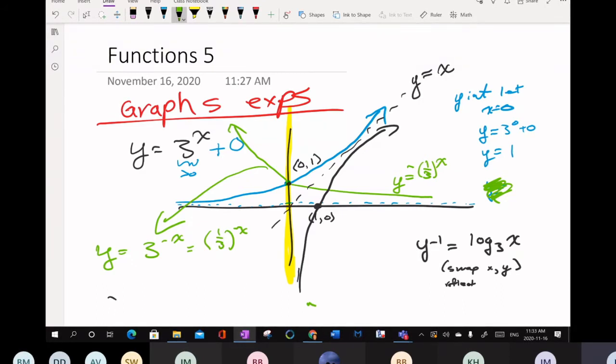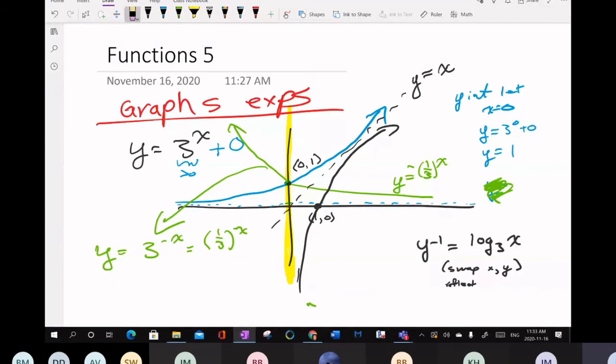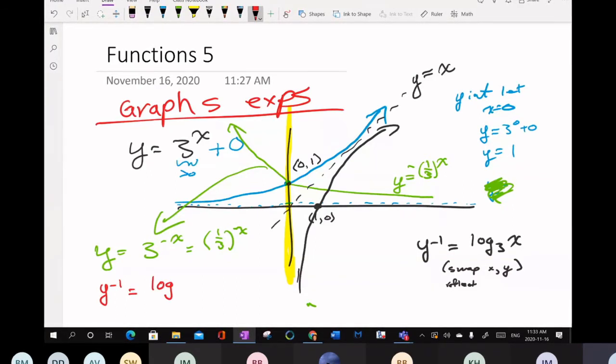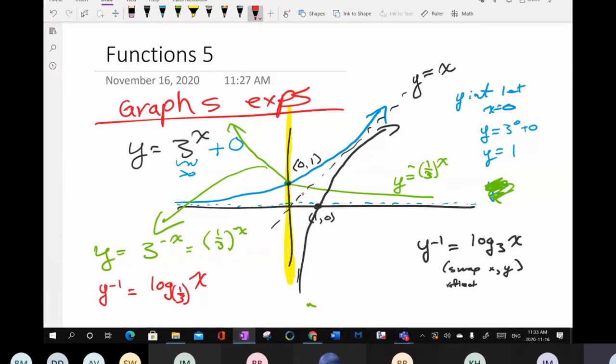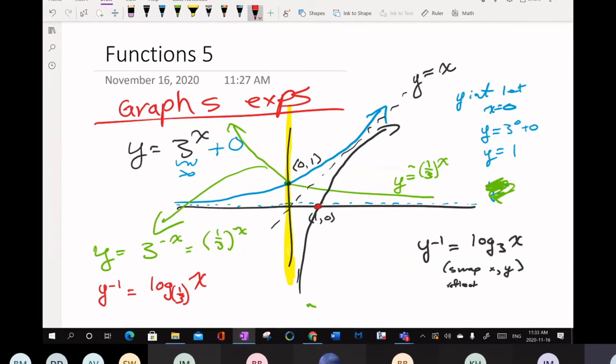Now, you can write the inverse of this as, let's write that in red, y inverse is equal to the log base 1/3 of x. So we still have our intercept of 0, 1, but then when we graph our new one, it's going to be 1, 0. And then our graph is going to look a lot like this.